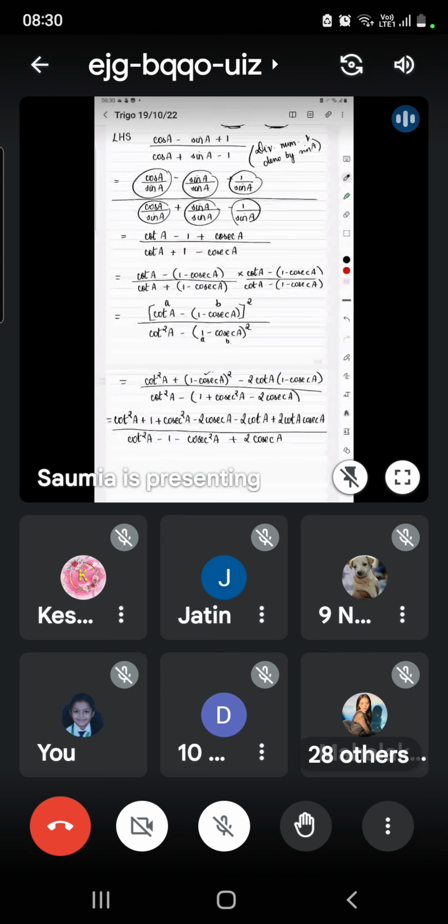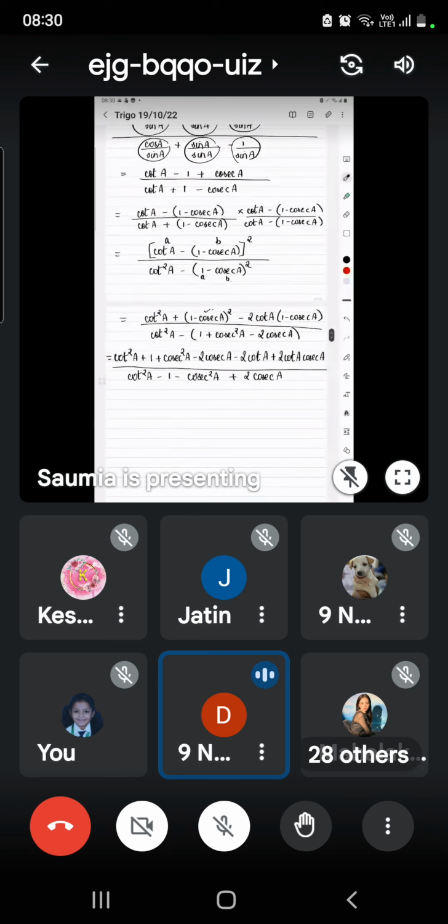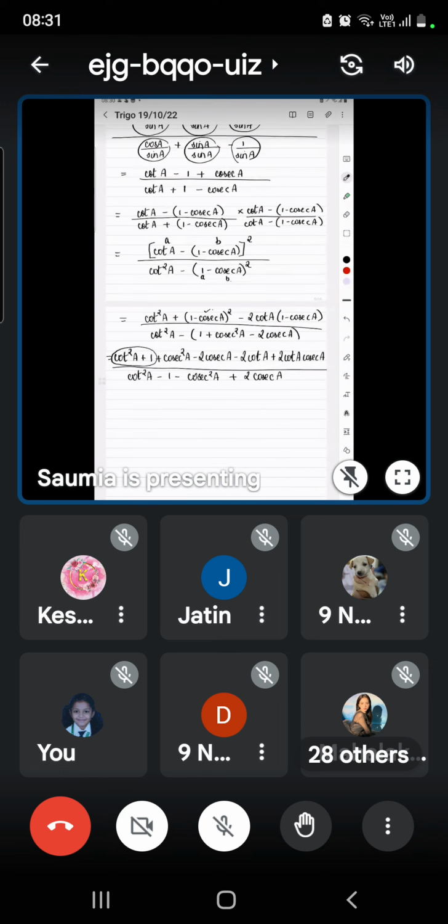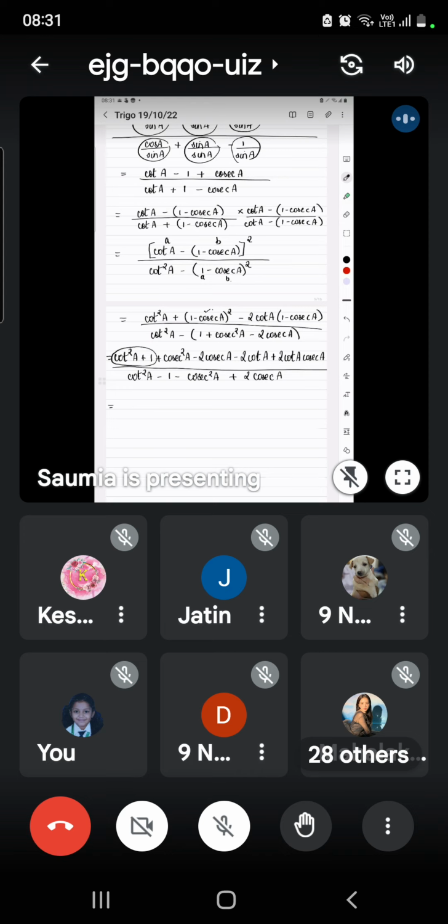Now, let's see if there are any cancellations. Ma'am, we can put the first cot square A minus 1 minus cosec square A plus 2 cos square sec A. Can I write 1 plus cot square A as cosec square A? Yes, ma'am.